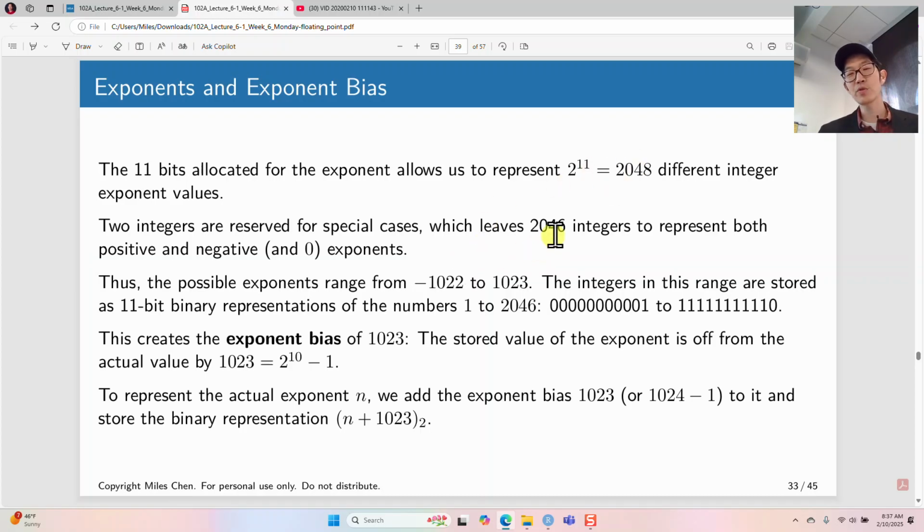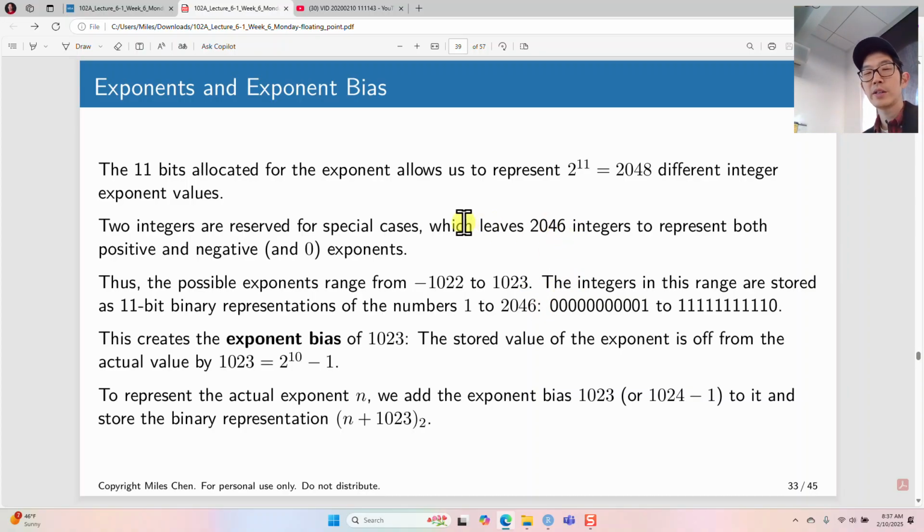So we set aside 2 of these, which leaves us with 2046 values to represent positive, negative and 0 exponents. We allocate about half of them to be positive, 1023. One of them will be 0, and the other 1022 will be negative. So the integers in this range, going from negative 1022 to 1023, we basically shift all of our values down.